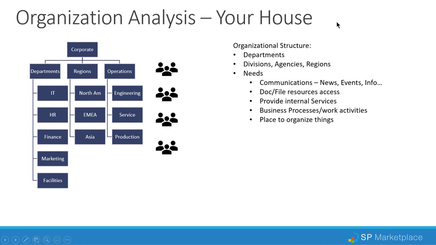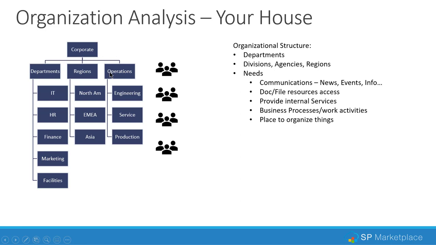What does your house need? So there's an organization structure that's made up of probably departments that may be service departments. There may be divisions and/or agencies or regions that these actually fall under as well. And there may need to be some common communications. There may need to be a roll-up of communications under North America, which may actually have mixtures of these people in it.